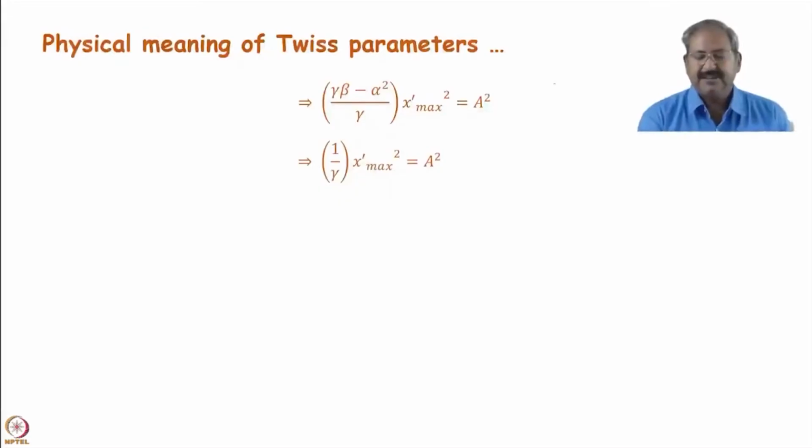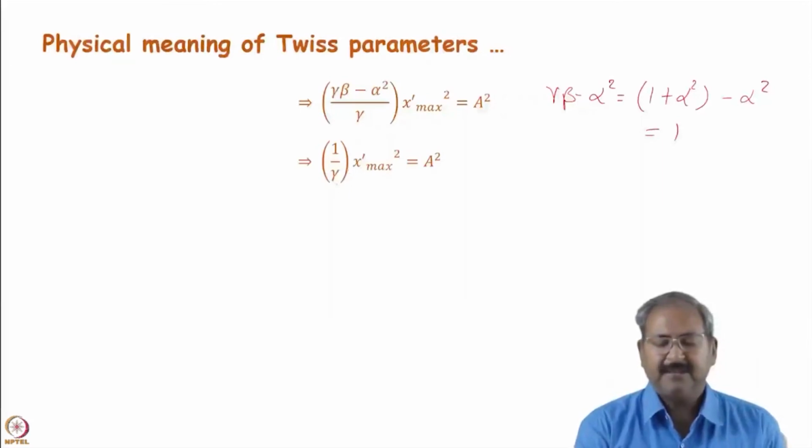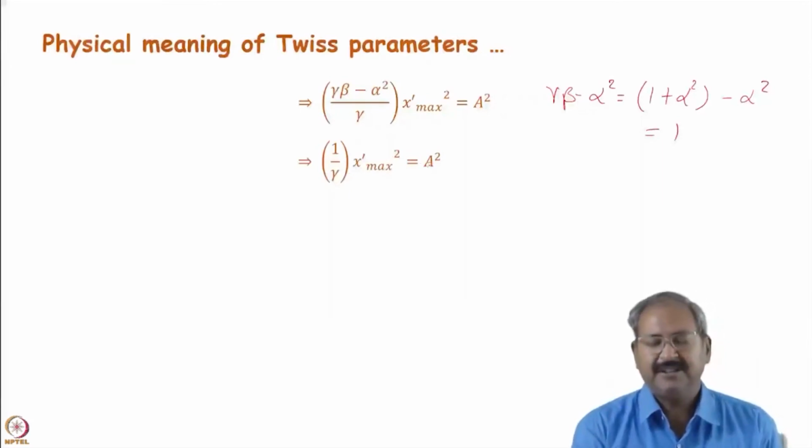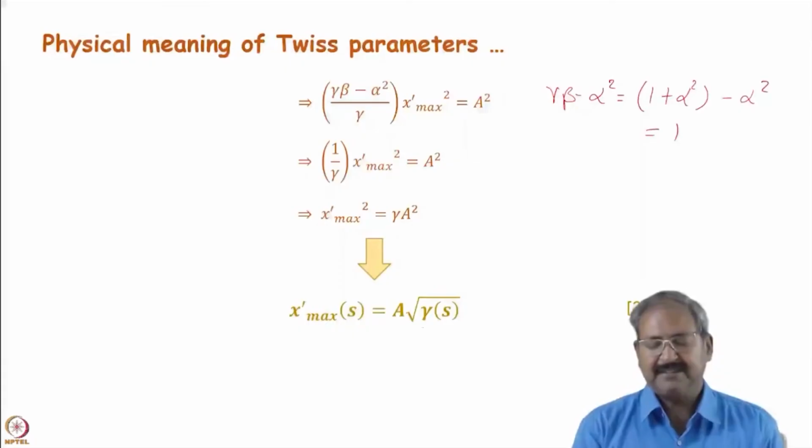So gamma beta minus alpha square is equal to 1. So the numerator becomes 1, and in the denominator we have gamma. So 1 by gamma x prime square is equal to A square. So x prime max square is gamma A square, and x prime max is A root gamma.